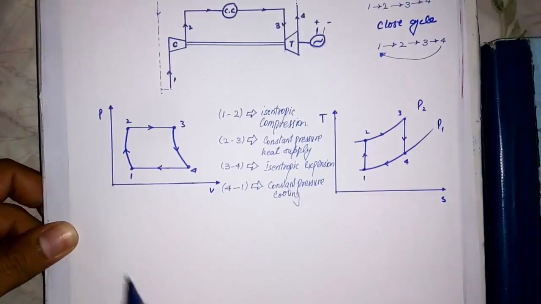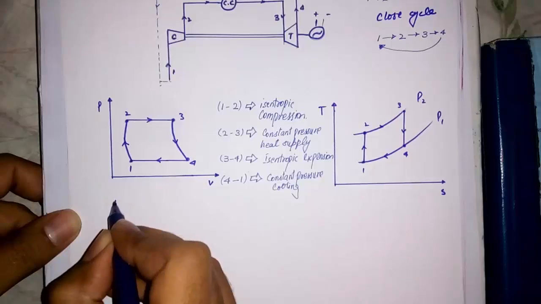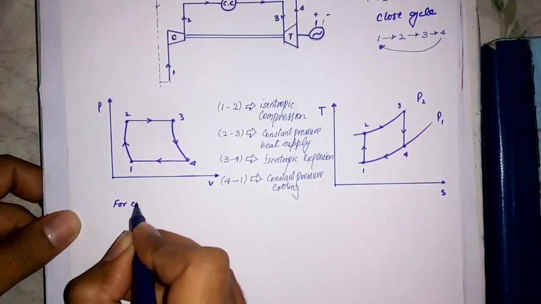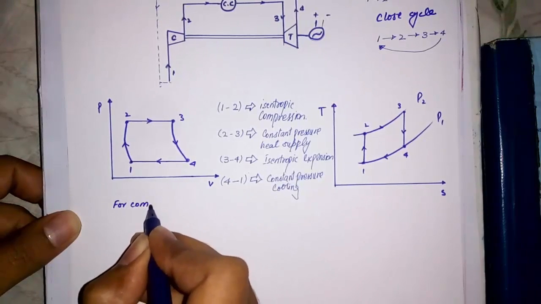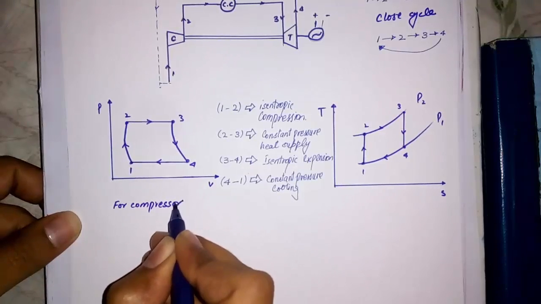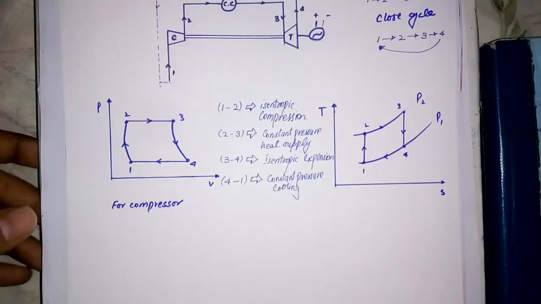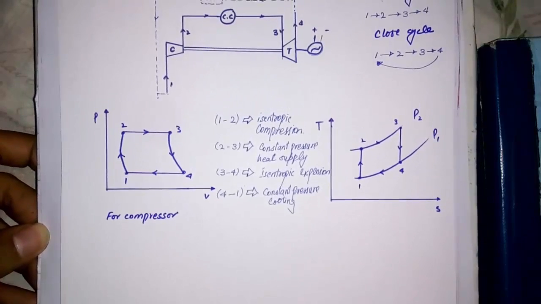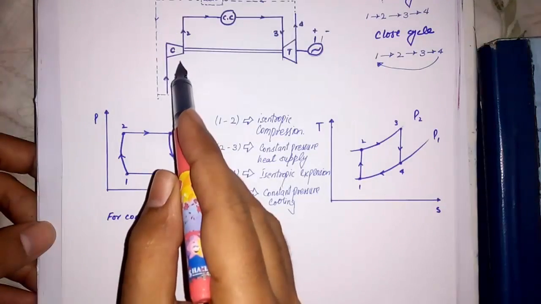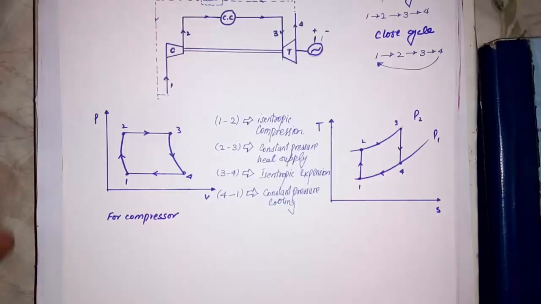Let's write energy flow equations for each component. Point 1 is its input and 2 is its output.